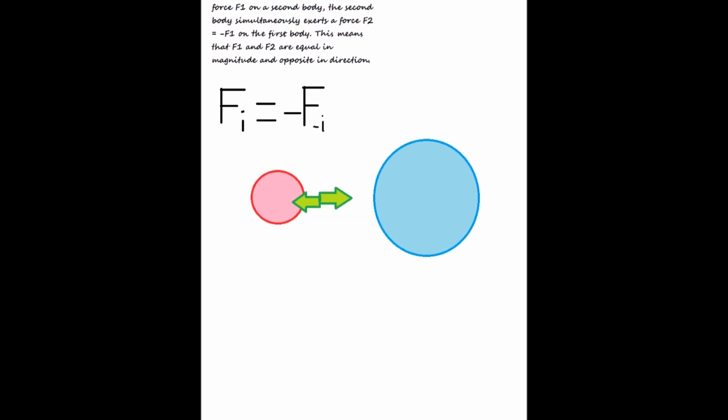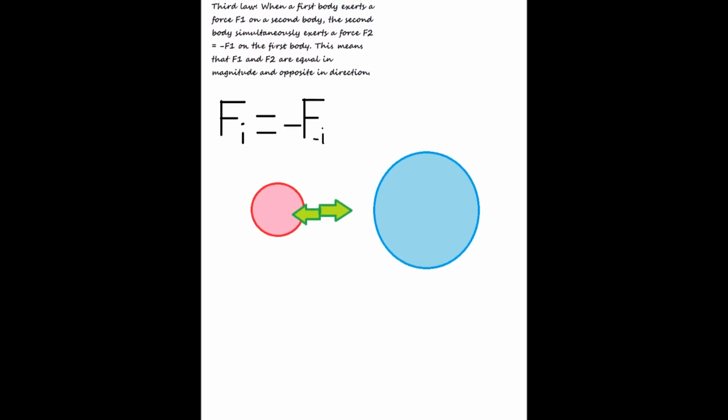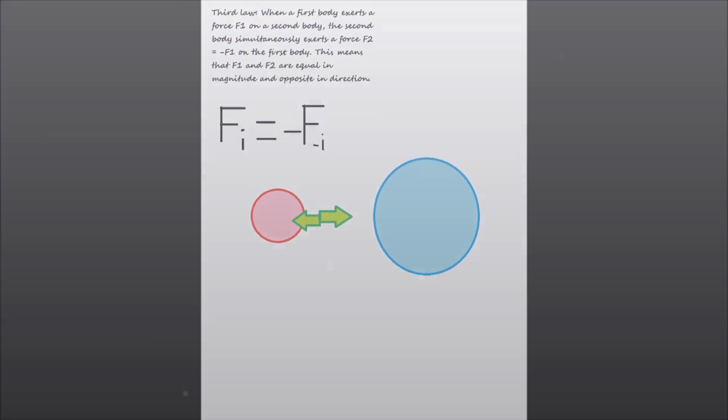This means that F1 and F2 are equal in magnitude and opposite in direction. In order to fully understand this, we must know about scalars and vectors, and we will be getting into those two things in the second lesson of this series.